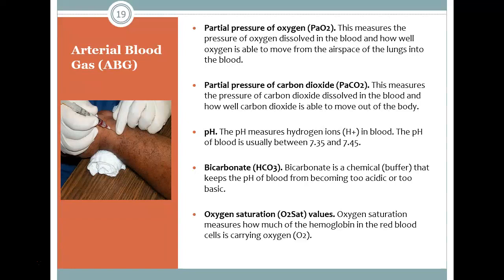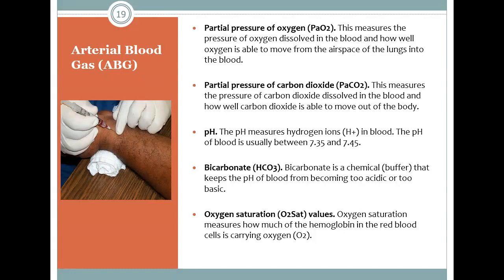So we're looking at the PaO2 in this case. PaO2 looks at how well oxygen is able to move from the airspace of the lungs into the blood. Second, PaCO2 measures the amount of carbon dioxide in the blood, and therefore how well we're able to move CO2 out of our body.